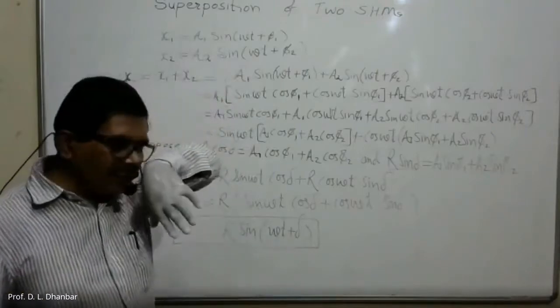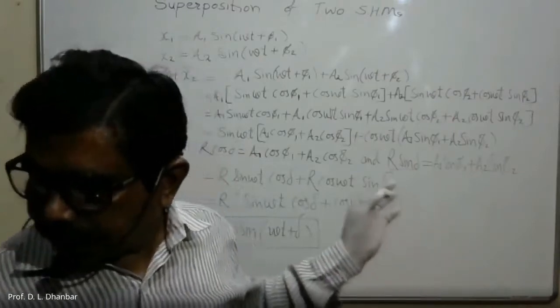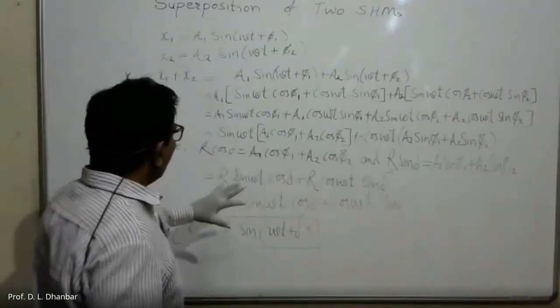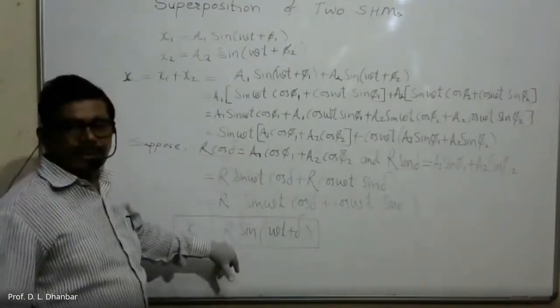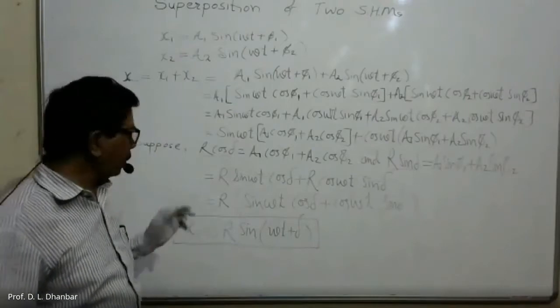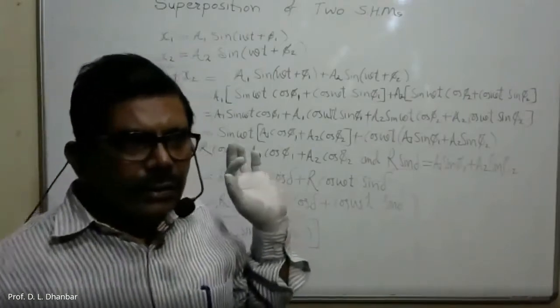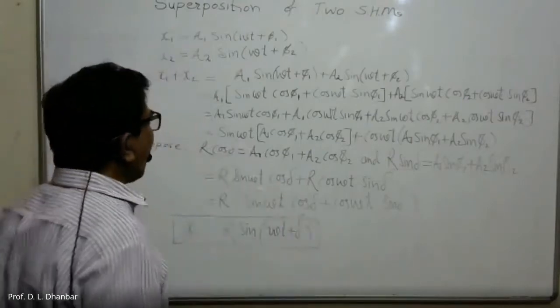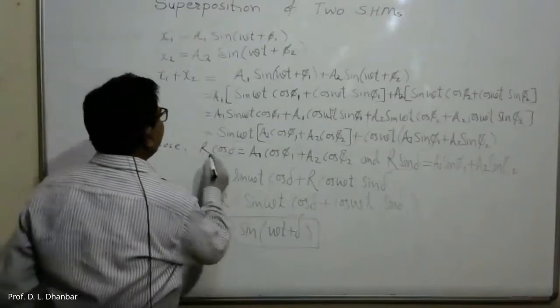So now our aim is to find out the magnitude of the resultant amplitude, or an equation for the resultant amplitude capital R. And this can be found out by using this basic equation.